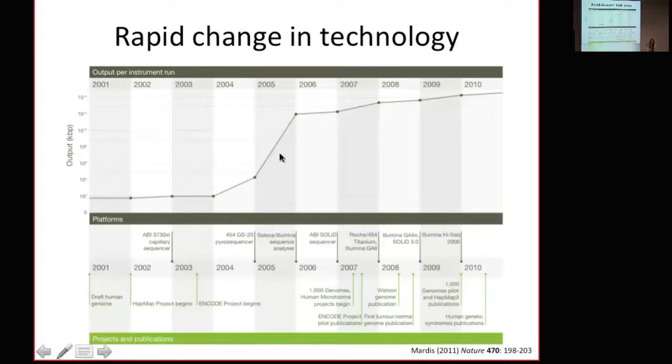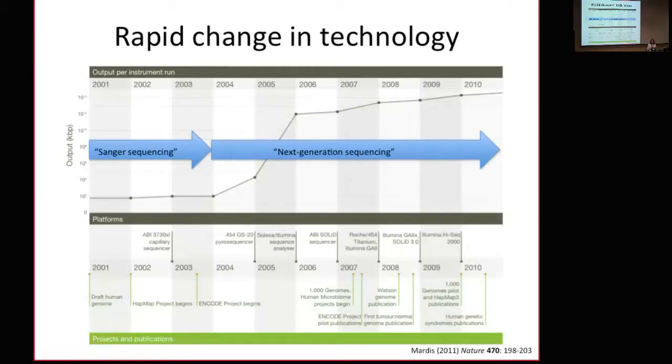And this was due to a change in sequencing technology. I don't want to go into the details of the technology, but generally the shift was from what was called Sanger sequencing, which is a slow, labor-intensive process, to next generation sequencing, which is a faster and cheaper process, and currently what most people are using today.